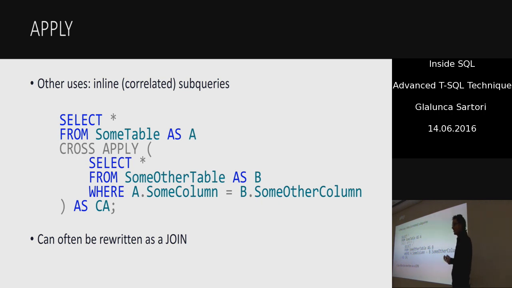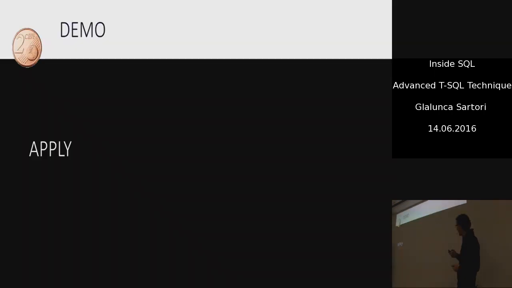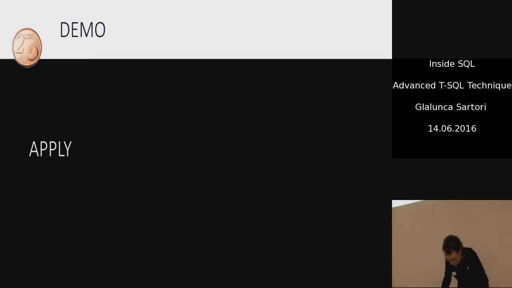When the optimizer is able to translate this into a join, it will also be able to use different join strategies, such as hash join or merge join. Okay, so let's go through this quickly with some demos.